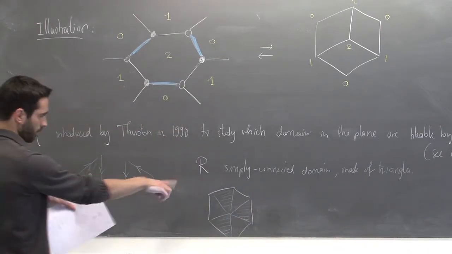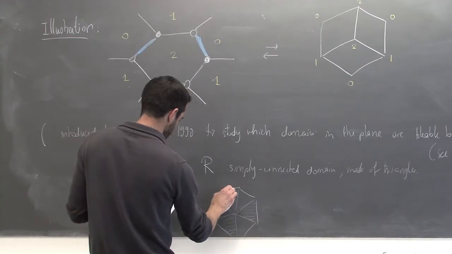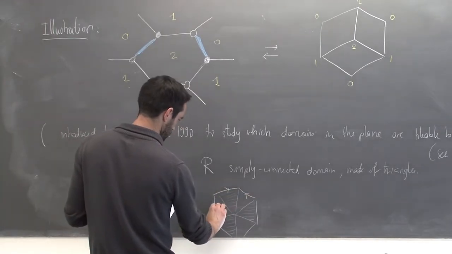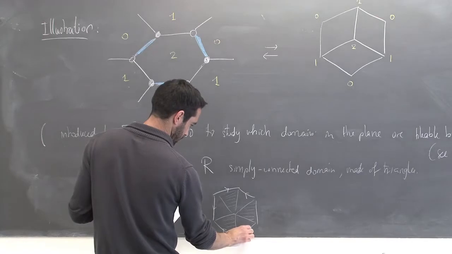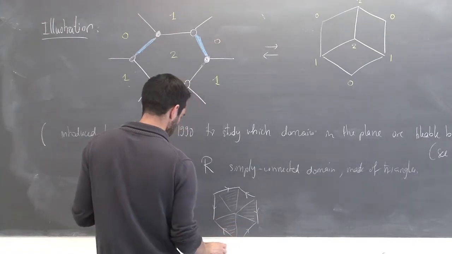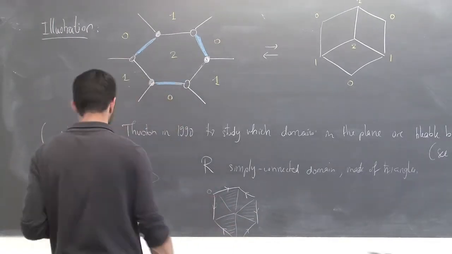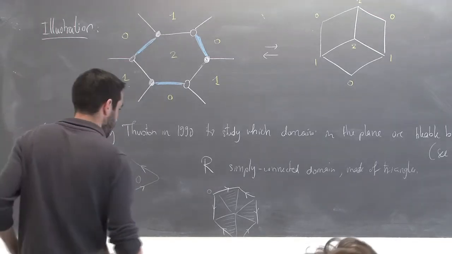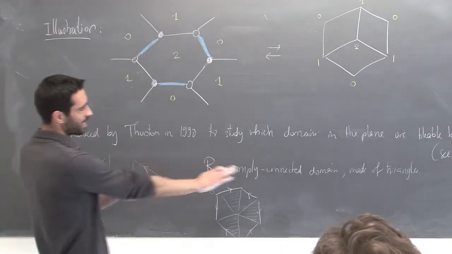So I orient the edges as I just said. So it goes like this. And I fix a value, let's say 0 on this one. Okay, so I have my simply connected domain.